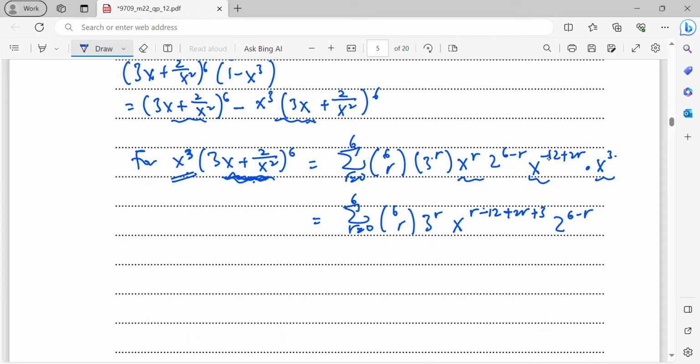And then now, x degree 0 means term independent of x. So it will be x to the power of r minus 12 plus 2r plus 3.